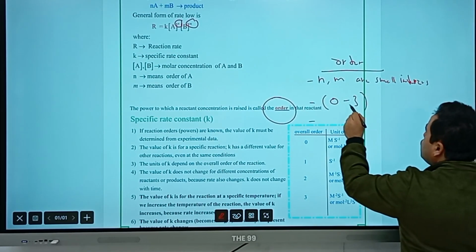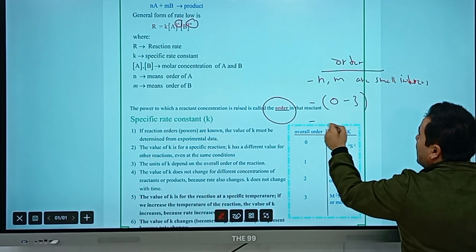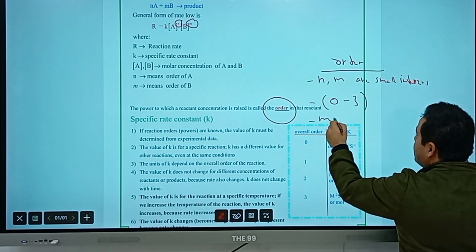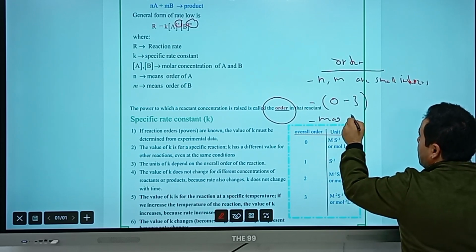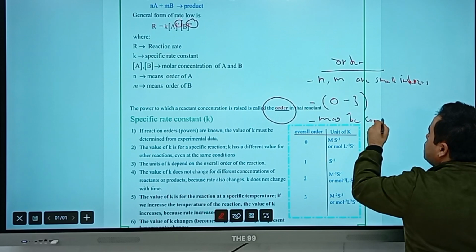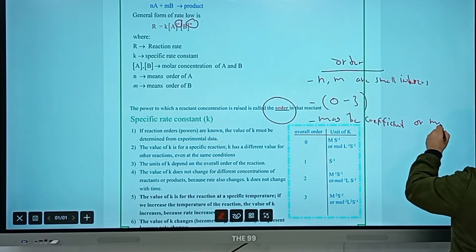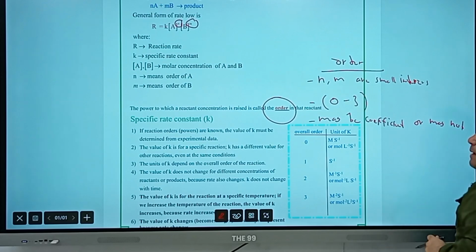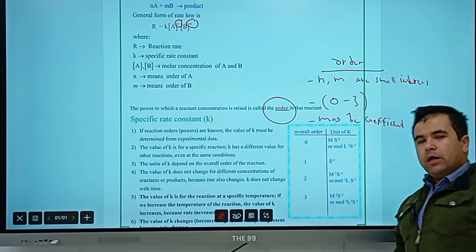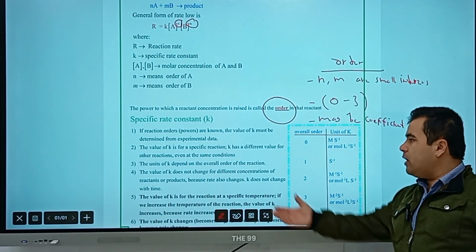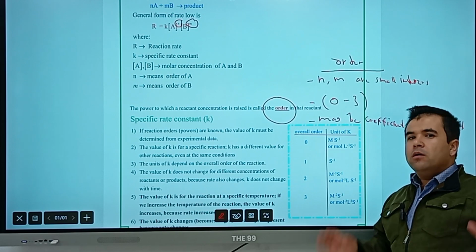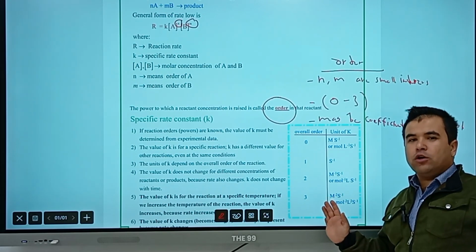And the order of the reaction, guys, may be the same as the coefficient in some cases, or may not be. In some types we will be solving, it will be equal to the coefficients.